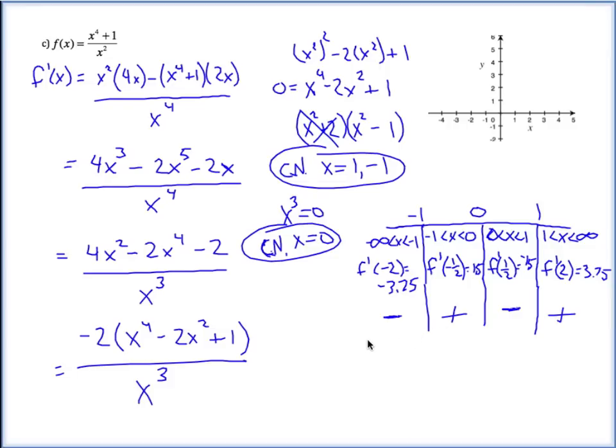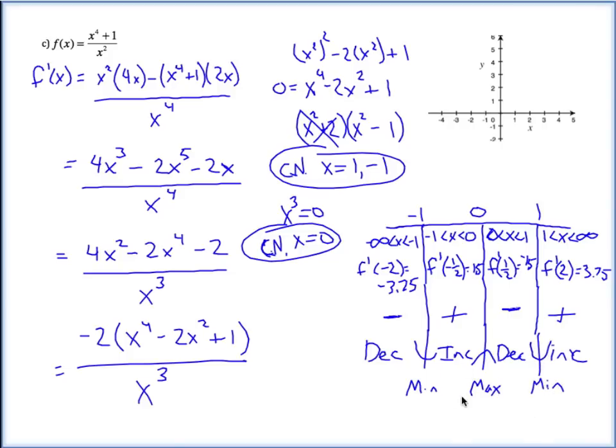So what this is telling me is that the function is decreasing here. It's increasing here. It's decreasing here. And it's increasing here. Okay, so what that's going to tell me is if we go from decreasing to increasing, that's a min. If we go increasing to decreasing, that's a max. If we go decreasing to increasing, that's our min.